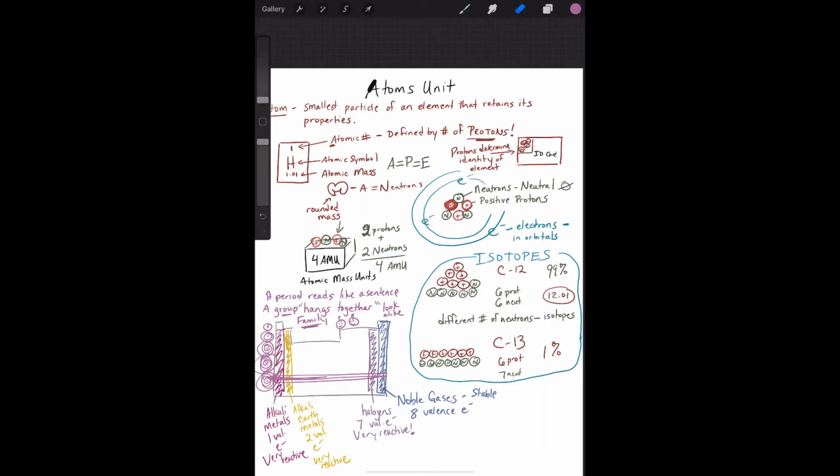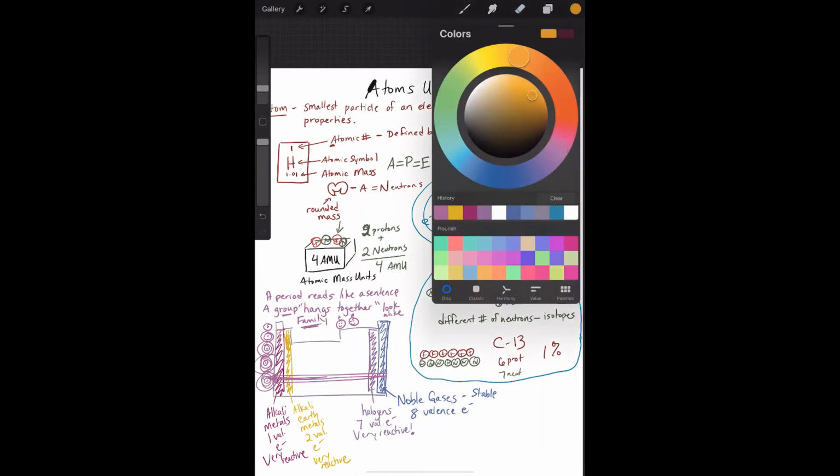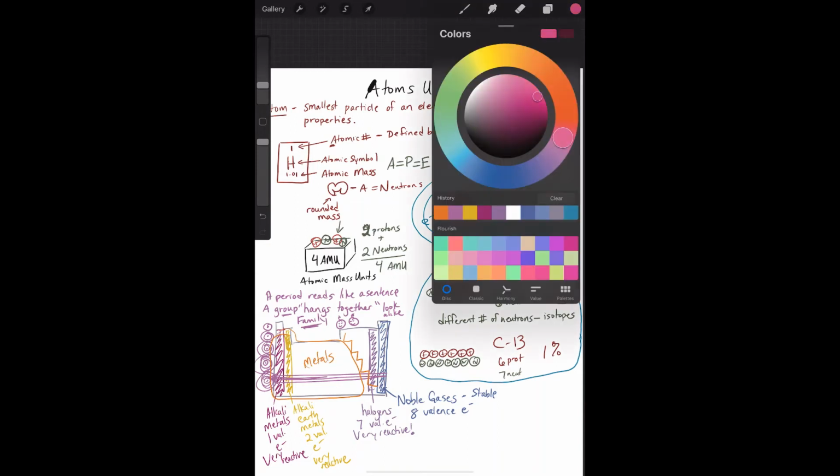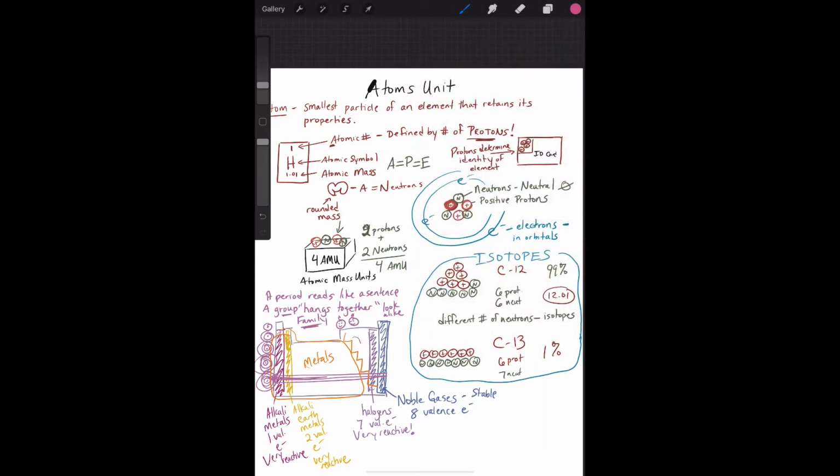So then if I want to think about what are my metals and nonmetals? If I have my line here on the periodic table, I'm going to know that these are basically metals. And on the other side, I'm going to have these here, and hydrogen are my nonmetals.